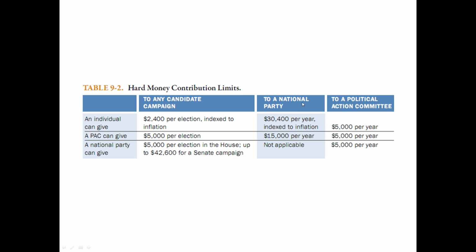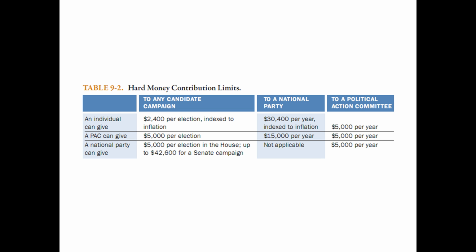You can give comparatively more to each party. So if you wanted to give $30,000, for example, to either the Republicans or the Democrats, you can do that. And this can help too in that sometimes, at least in presidential elections, the party will assume some responsibility for things like field operations.